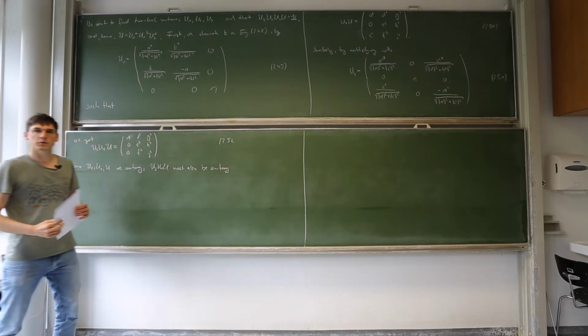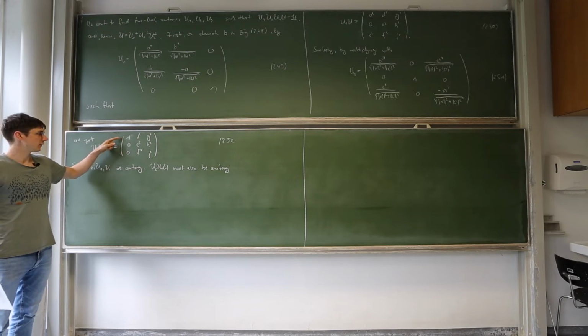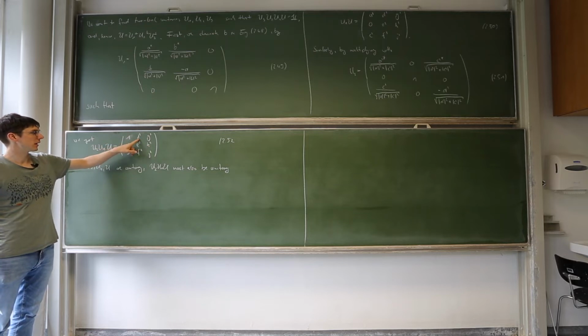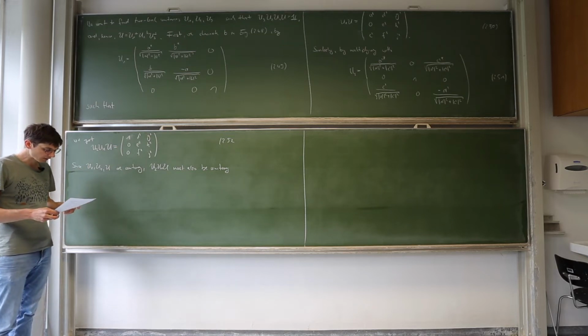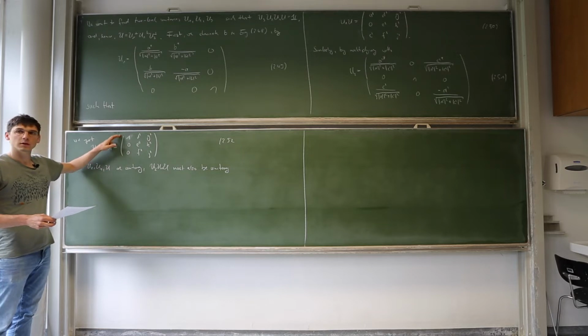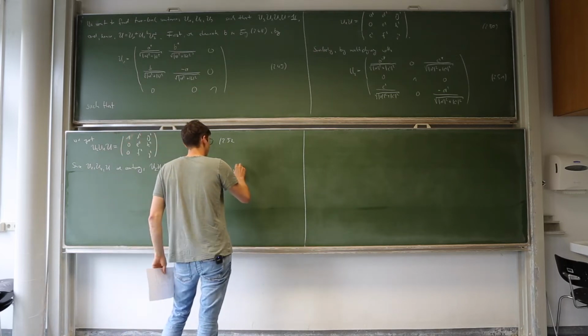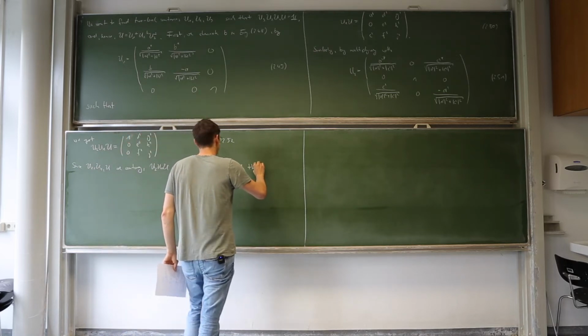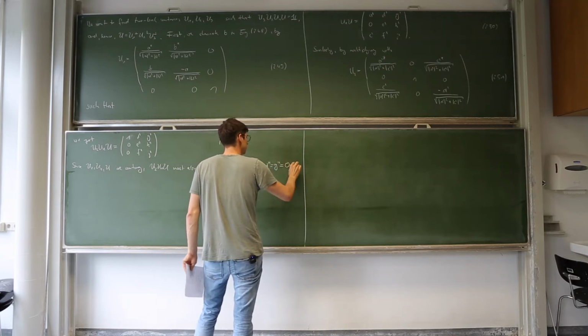For a unitary matrix, d prime prime and g prime prime must be 0 because of the orthonormal columns and rows of a unitary, such that d prime prime is equal to g prime prime equal to 0.